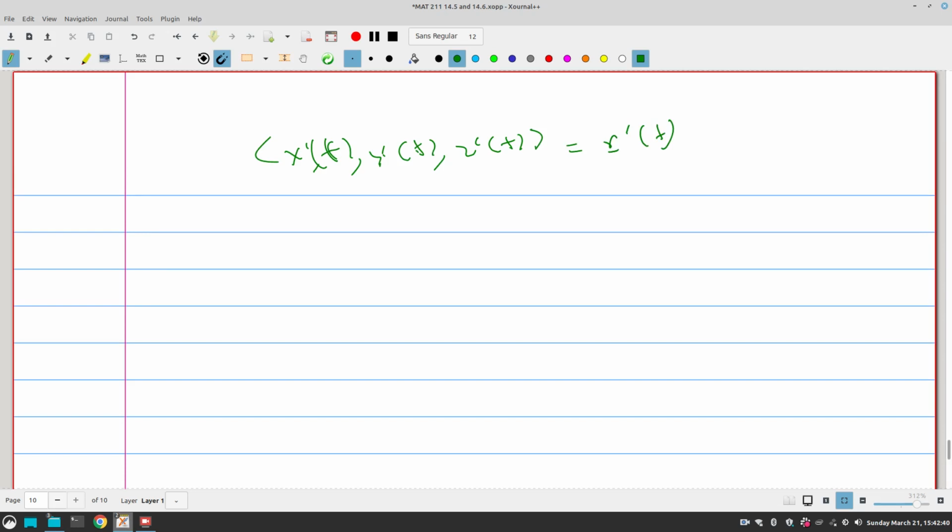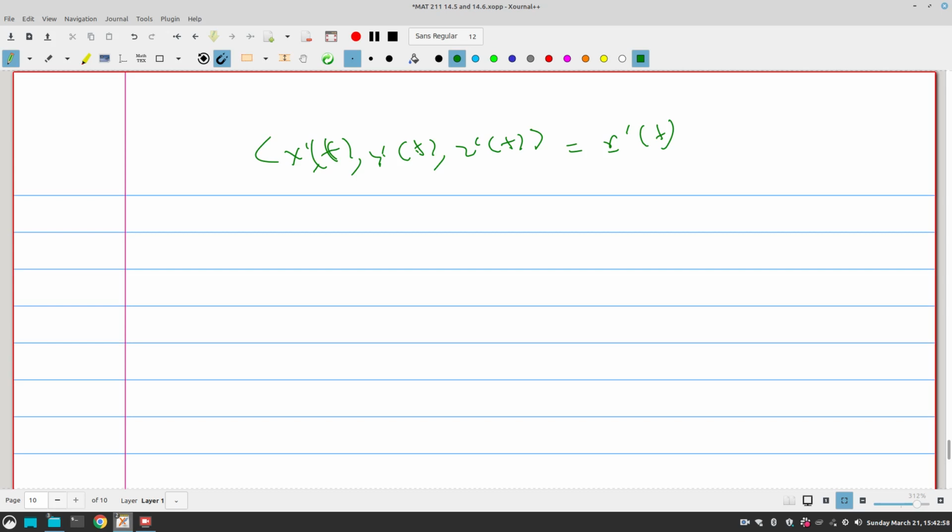Remember, this is a vector in the direction of the tangent. I mean, this is not the tangent vector. The tangent vector is, of course, this vector divided by its magnitude, but this is a vector in the same direction as the tangent.